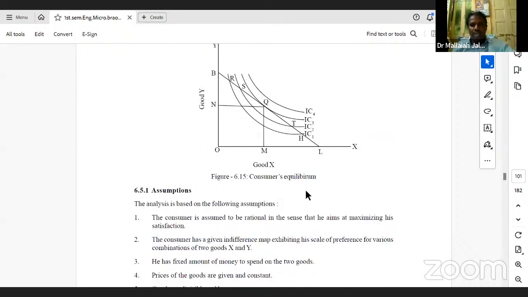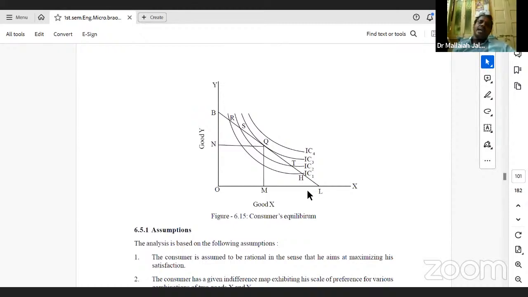You have to remember this point. Here, B and L, as you observe this line, is the budget line for the consumer. How is the consumer going to get the equilibrium point with the highest satisfaction with the help of the two commodities, X commodity and Y commodity?